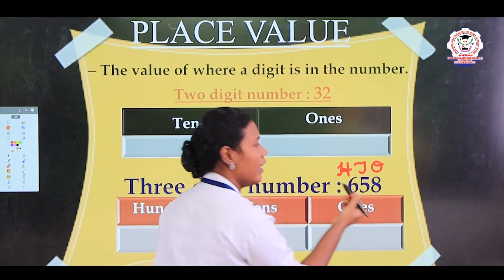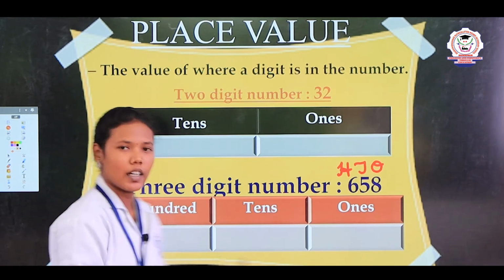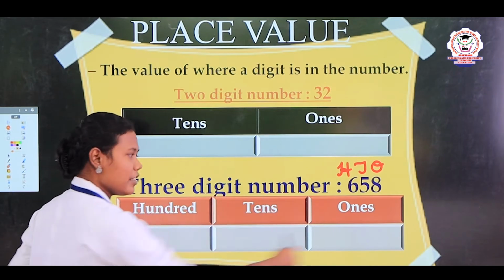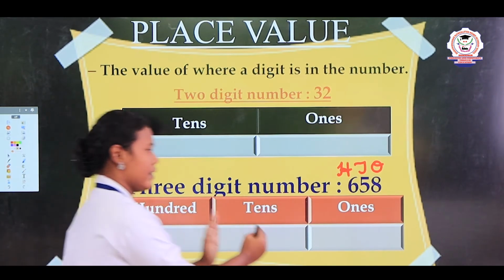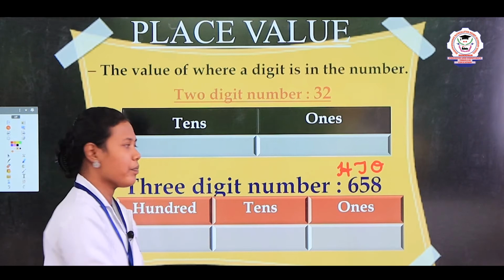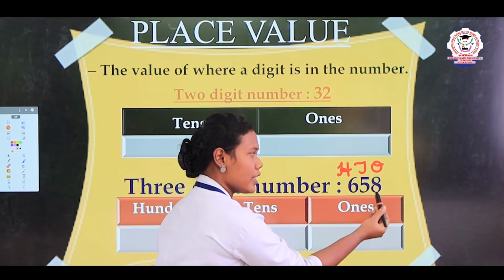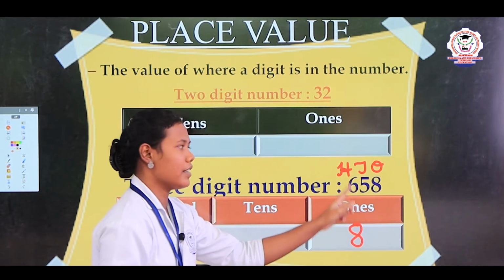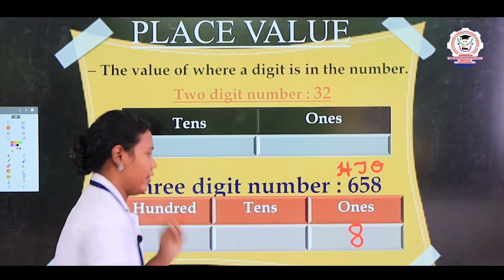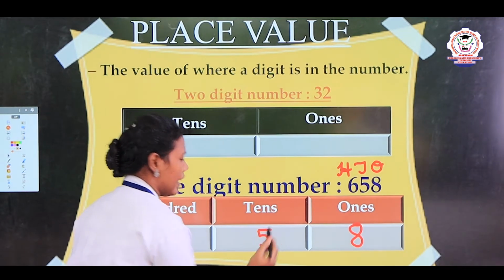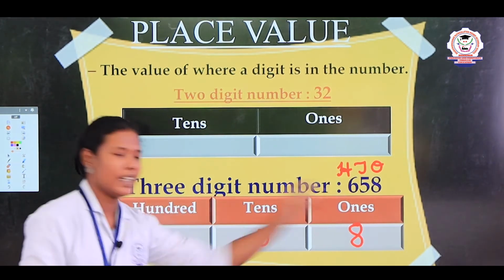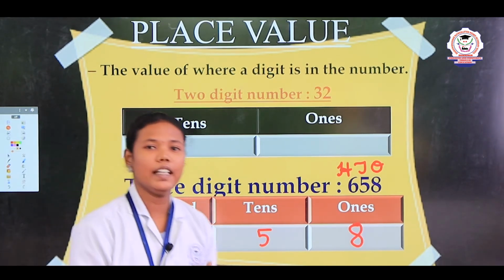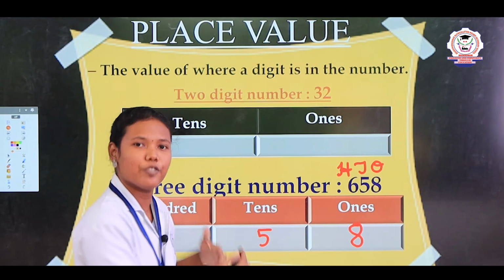We shortly write it as O, T and H. In this tabular column there is 100, 10 and ones. O denotes ones, so we write 8 here, and then tens, the number is 5. Very good. And at last the hundreds is 6. So we write place value in this format.